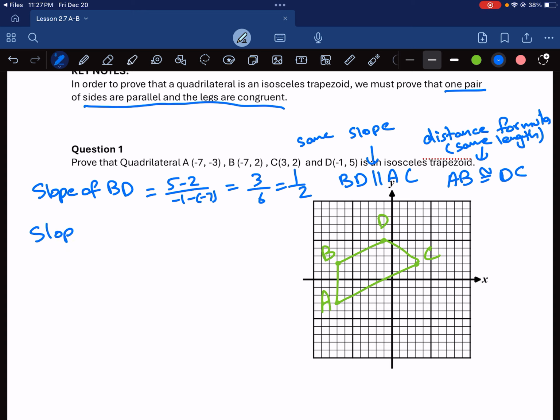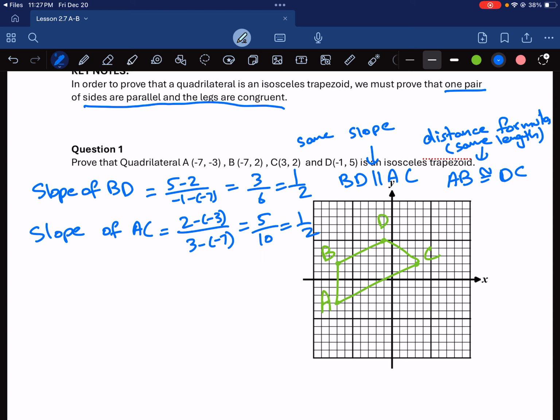And now you're going to find the slope of AC. Wait, which one am I doing? Oh, AC. My fault, y'all. Alright, AC. So it should be 2 minus -3 over 3 minus -7, which is just 5 over 10, which is 1/2.